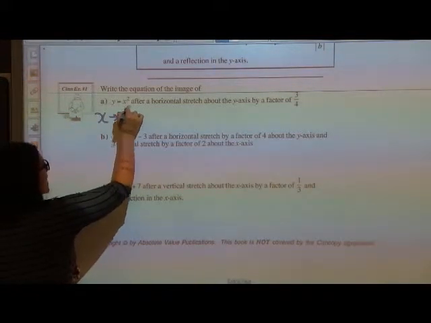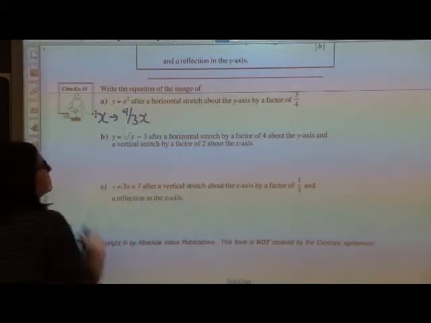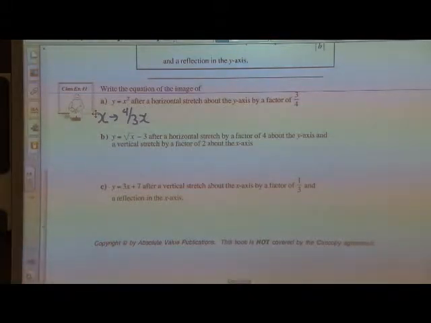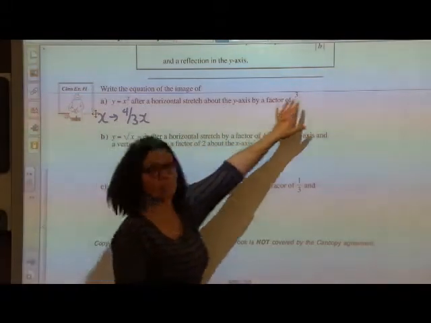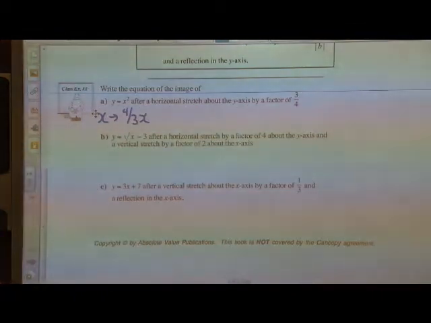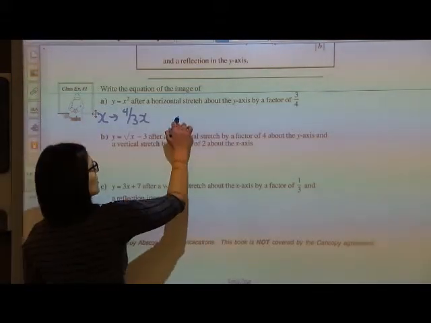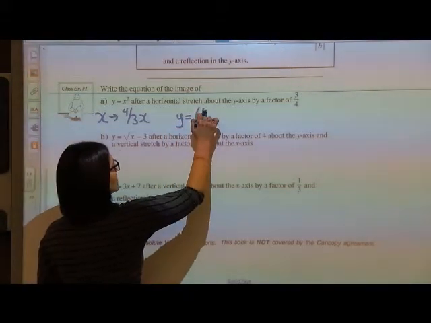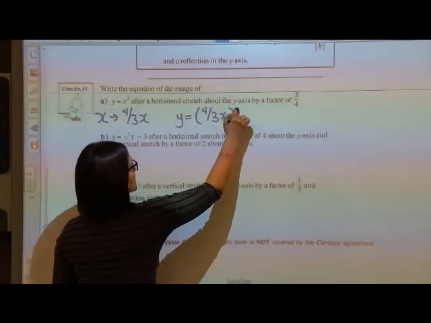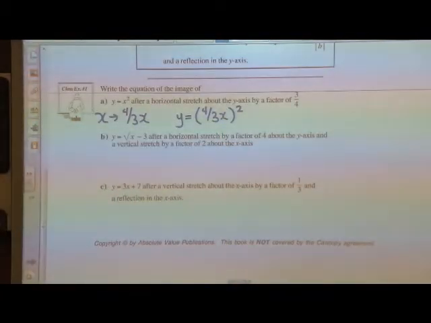X with 4/3 x. Horizontal means I'm replacing my x. My factor is 3/4, so my replacement is the reciprocal. So in my equation, y equals x squared, I would now have y equals 4/3 x squared.